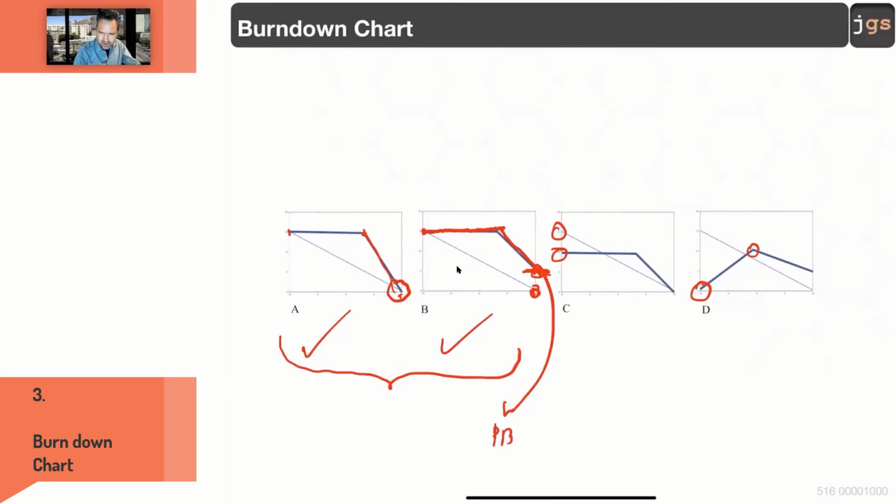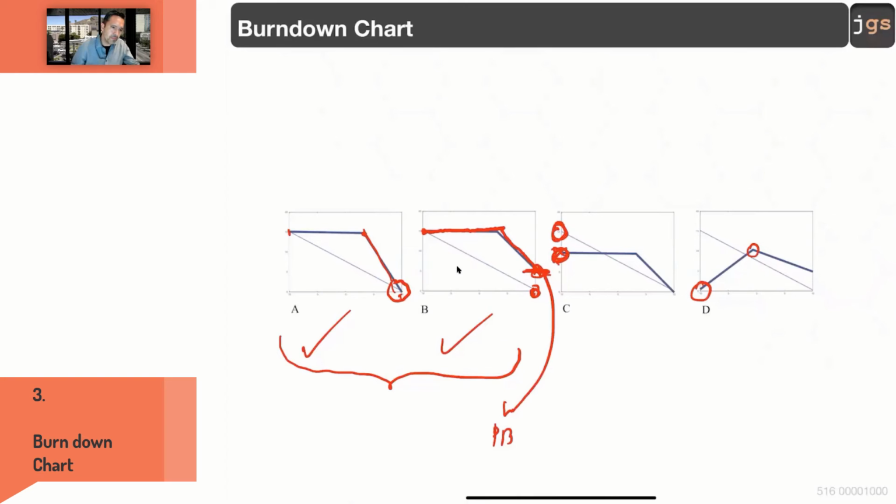The goal of the burndown chart is to show you how the work is moving down. So there is no way that if I have this number of tasks to be done, I am starting day zero, before I do anything, and suddenly I am done.